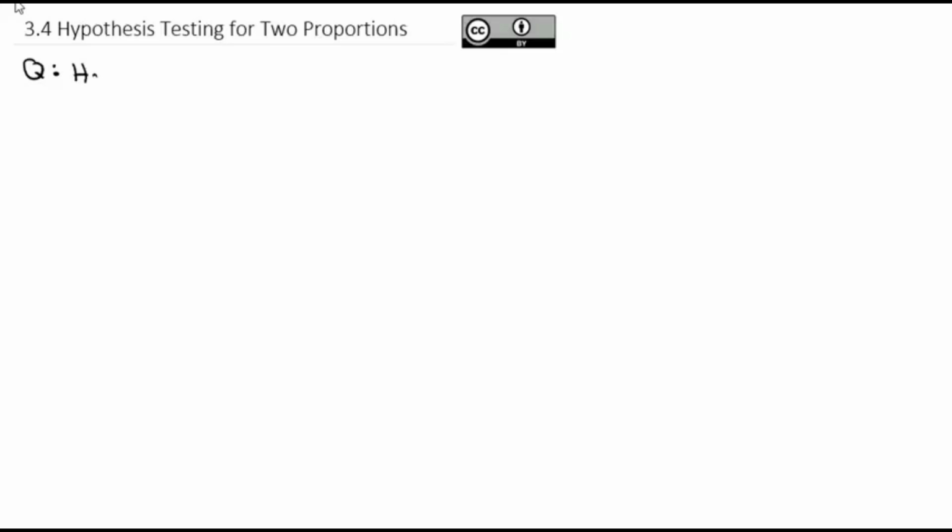So our question for the day is, how do we test a claim about two proportions? We're going to have two groups, and we want to know, are these two groups the same? Is one group bigger? Is one group smaller? What can we conclude about these two proportions?